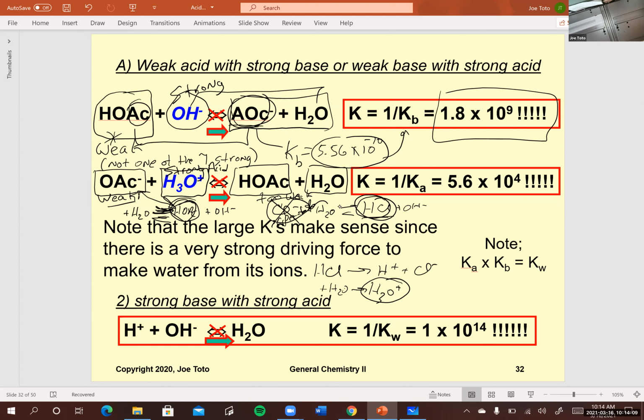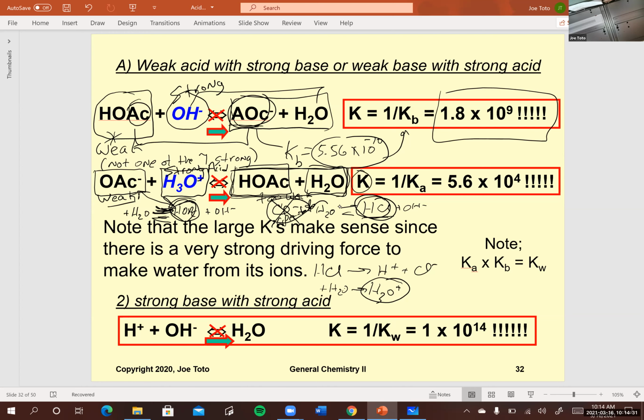I want to get a handle on what the equilibrium constant is, because I want to see to what extent this reaction takes place. I can look at the back reaction of that weak acid in water and say, well, I know the Ka for that weak acid, acetic acid in water.